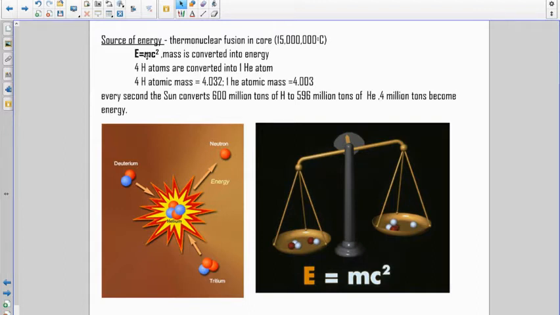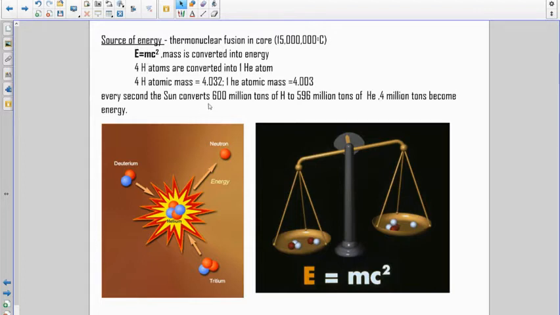What that tells us is that a small amount of mass can become a large amount of energy, because we're multiplying that mass times the speed of light, which is a very big number, and then we're squaring that. So you get a huge amount of energy from a small amount of mass, which is why nuclear bombs are so devastating. They convert mass directly into energy.